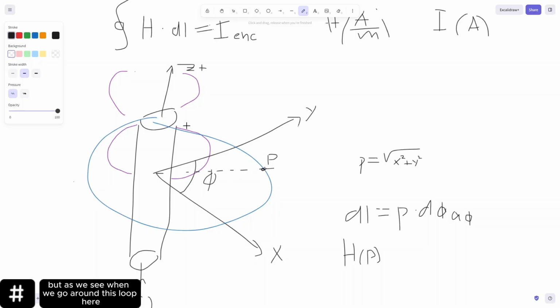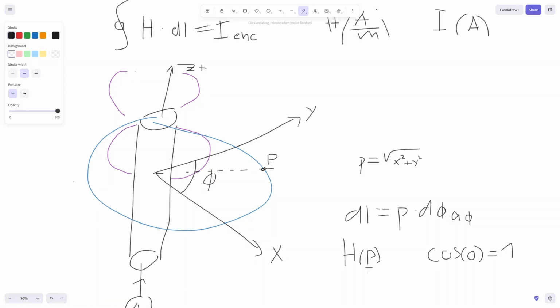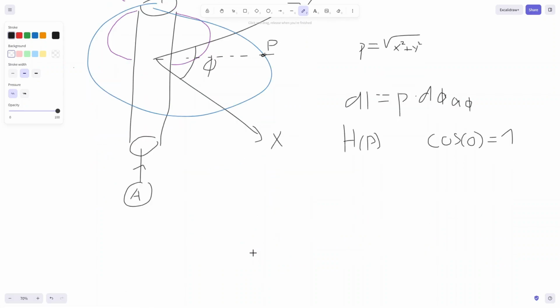But as we see when we go around this loop here, it's always parallel. The integral path that we go around here, the loop, and the magnetic field are always parallel. So the angle between them, the cosine, is 0, meaning that the magnetic field intensity is always 1. And this makes the integral much easier to do.